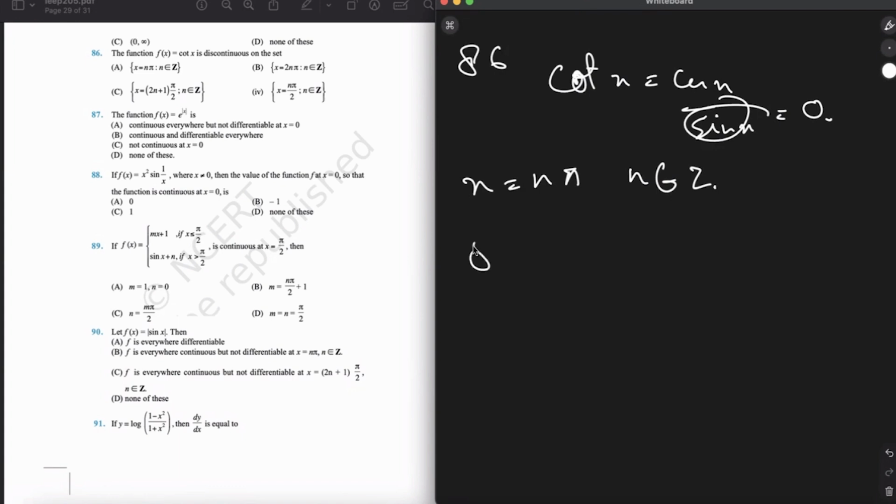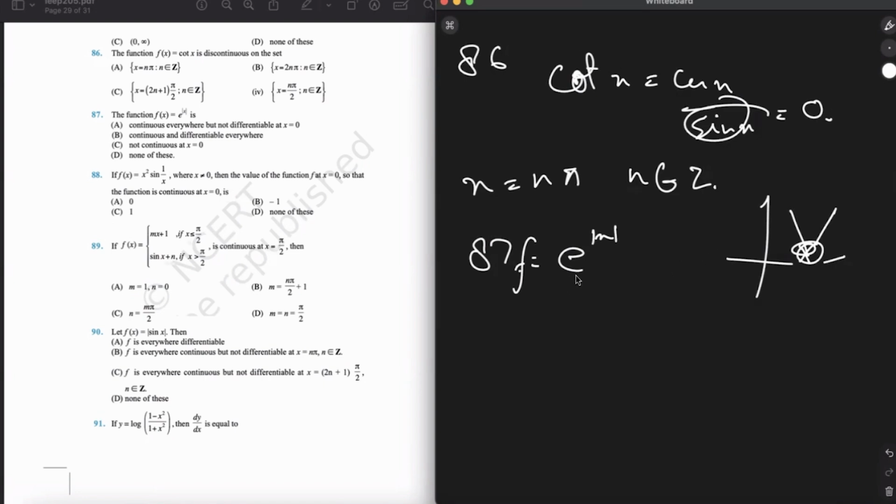Now question 87. The function f(x) equals e raised to the power of mod of x is: continuous everywhere, continuous and differentiable, not continuous, none of these. See, it will be continuous everywhere because the mod makes it continuous, but it can make it discontinuous at the point where it is making a kink. So we have to just check.